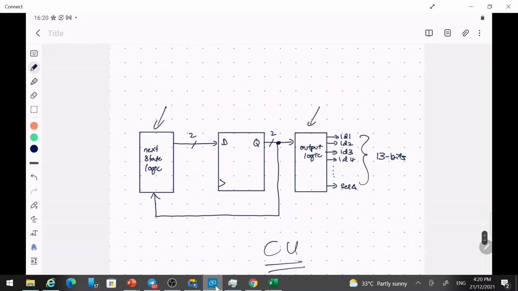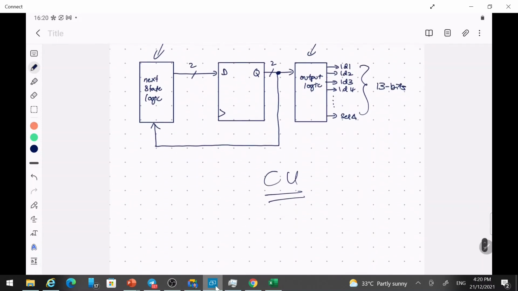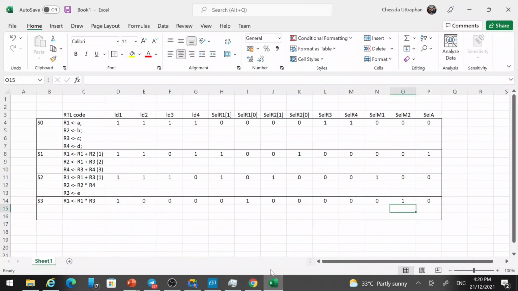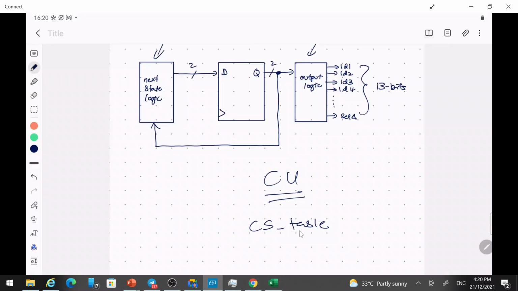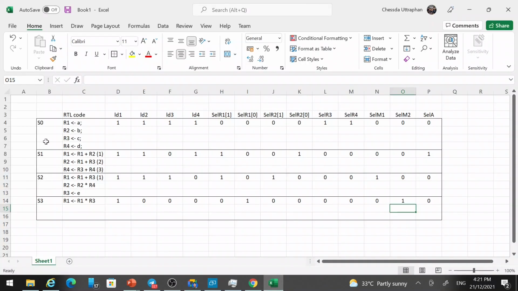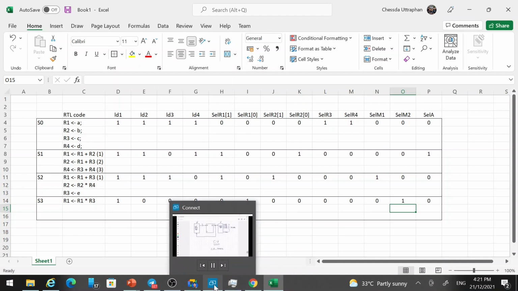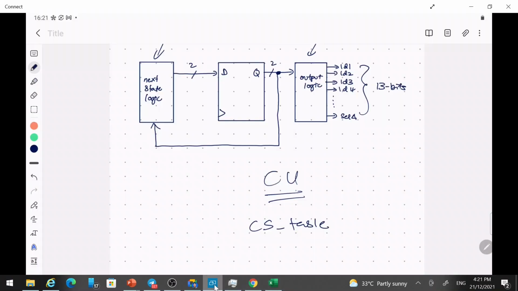And although we have this, we need the CS table, this table, in order to write the Verilog code later on. Because we need all the output information for every state that we have here in order to perform that operation. Right? So now we have the data path and also the control unit. Now our task is to write the Verilog code.